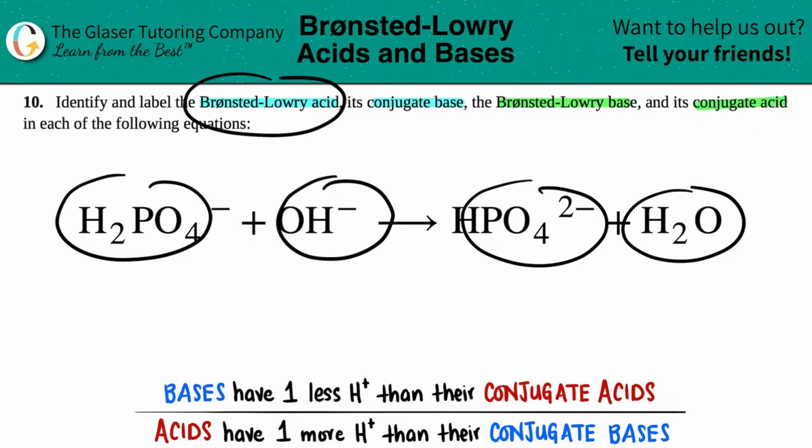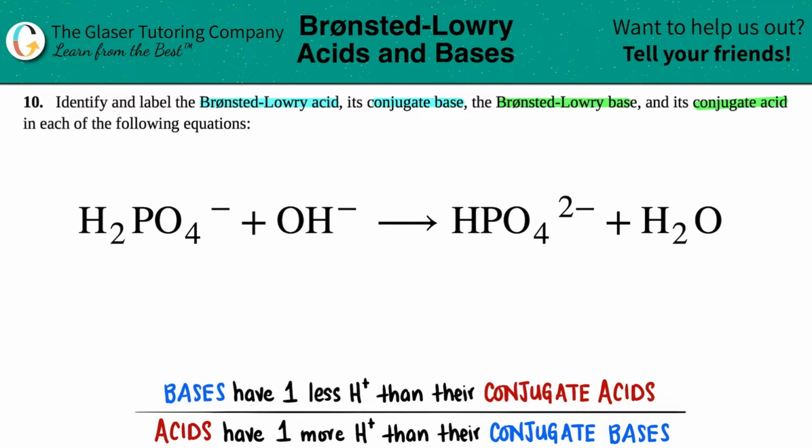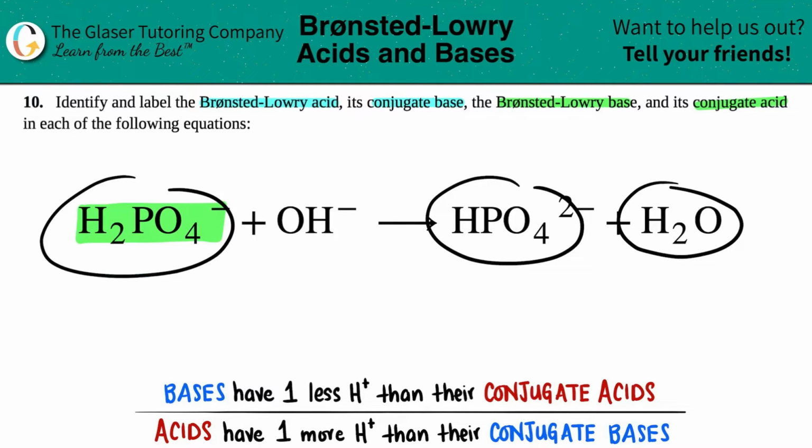Okie dokie. So the easiest way to go about this is to first match up your pairs. I like to work from left to right all the time. So I'm just going to pick this ion right here, H2PO4. Now, on the other side of the yield sign, which ion is the pair to H2PO4?